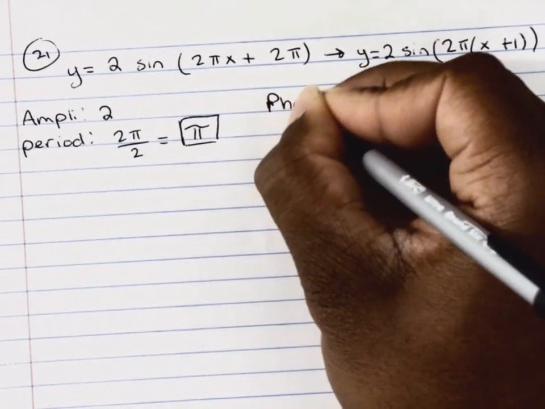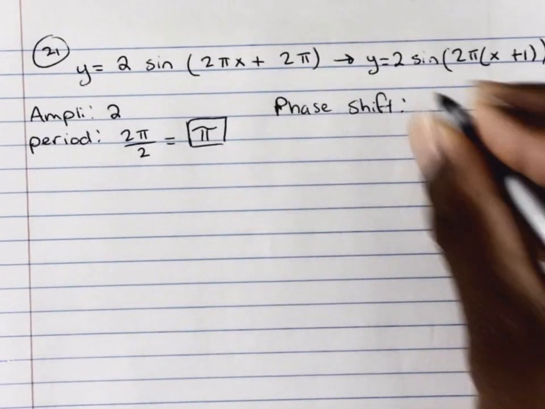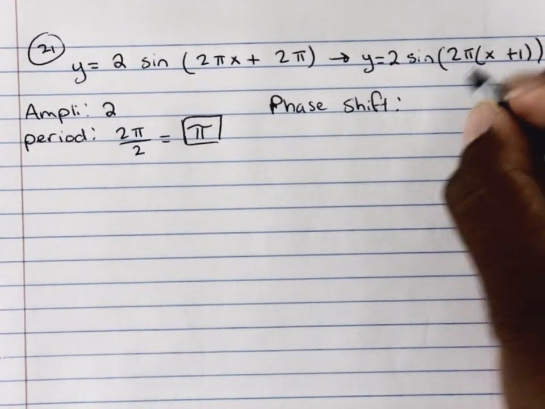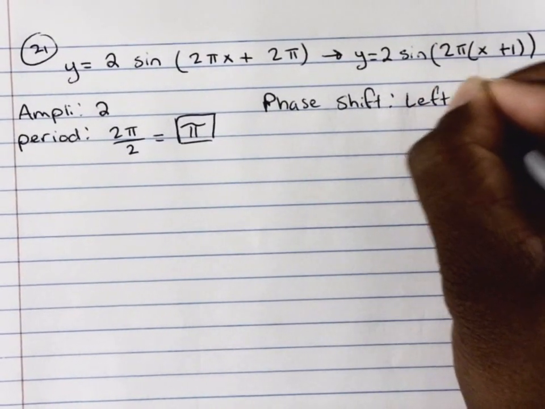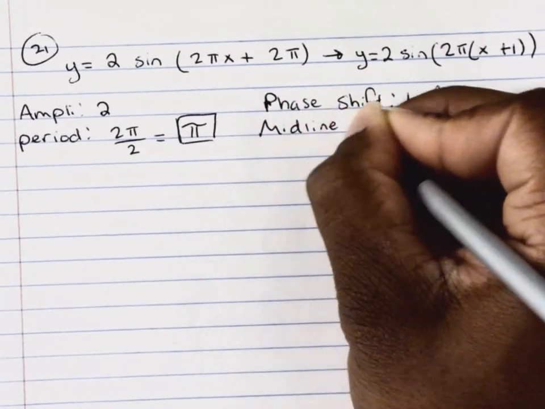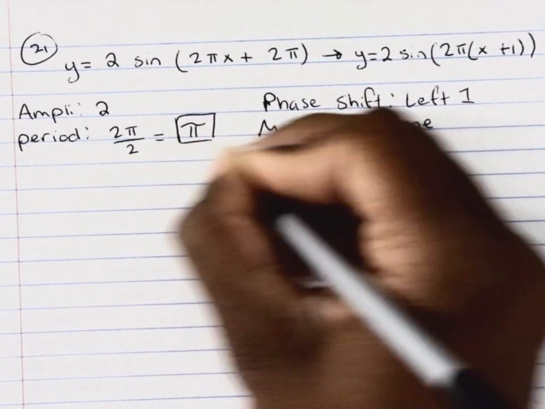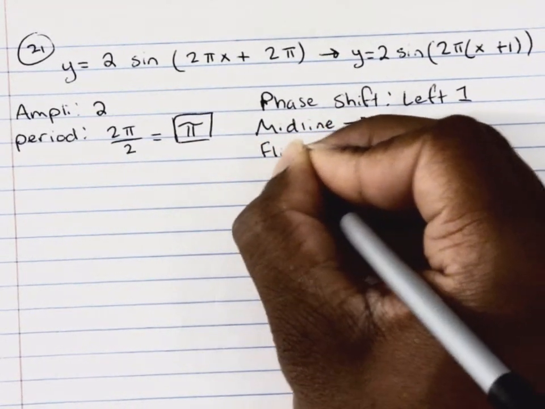Phase shift will be left 1. Midline shift is none. And then is it reflected?